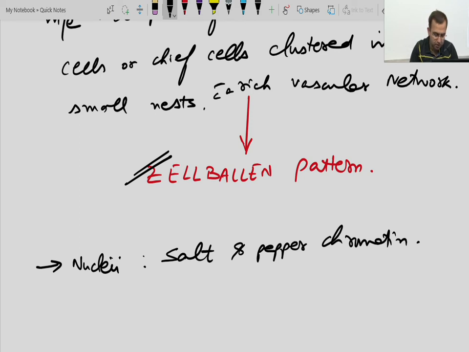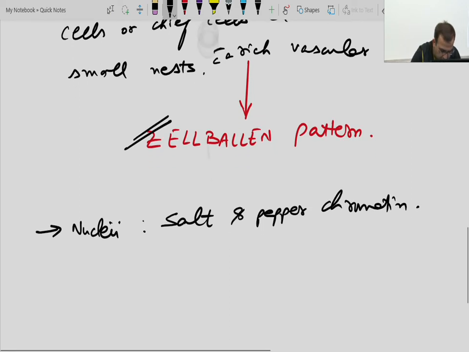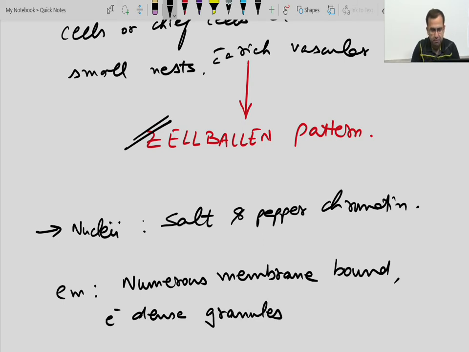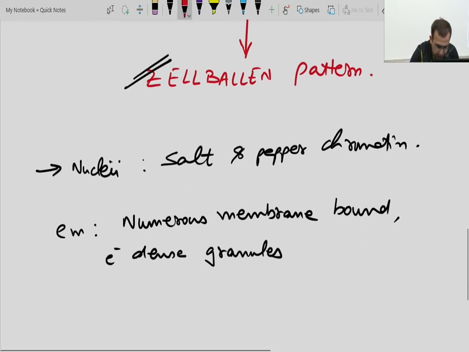Why? Because it's electron microscopy. Electron microscopy shows numerous membrane bound electron dense granules. And what is present in these granules?